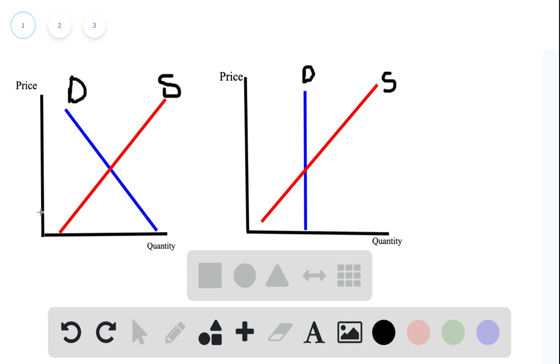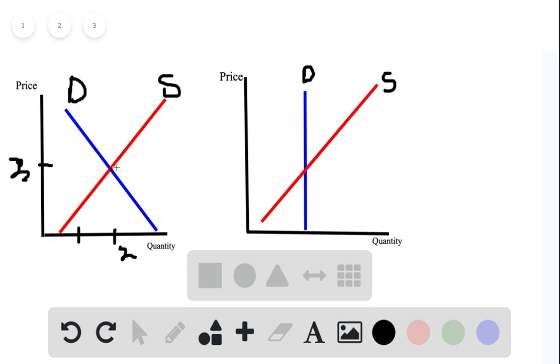Say this is at equilibrium here, we have a quantity of, let's say 2, and a price of, to make things super simple, maybe 3. You can see here as your quantity increases.